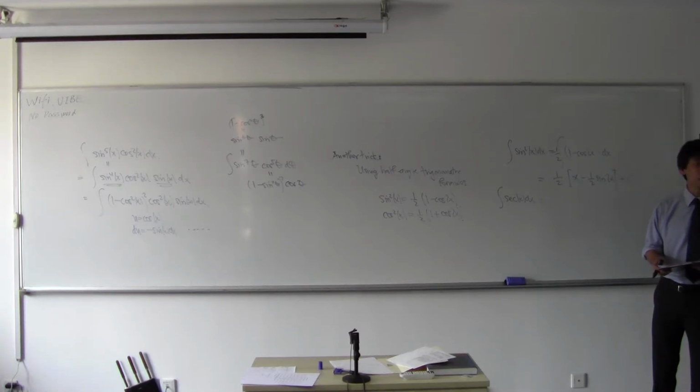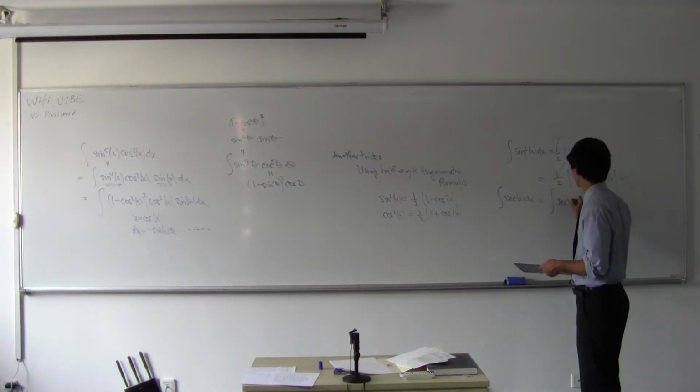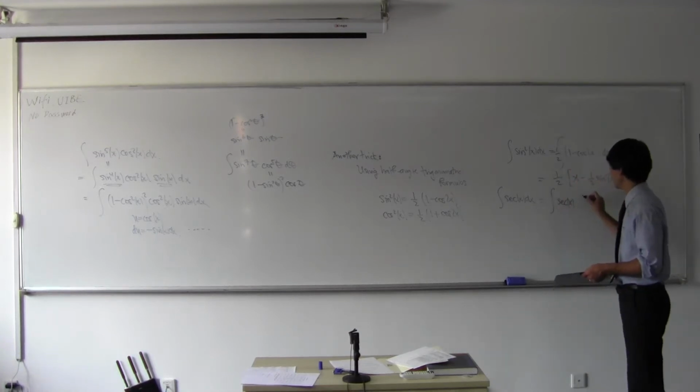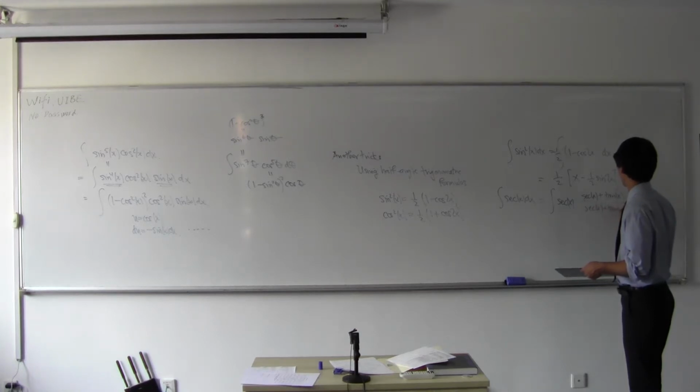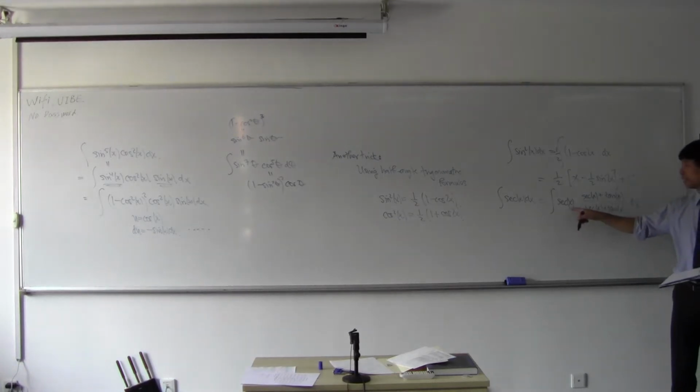Does anyone know the trick to this one? You multiply it by 1, but a very funny looking 1. So you take the secant, and then you multiply by 1.